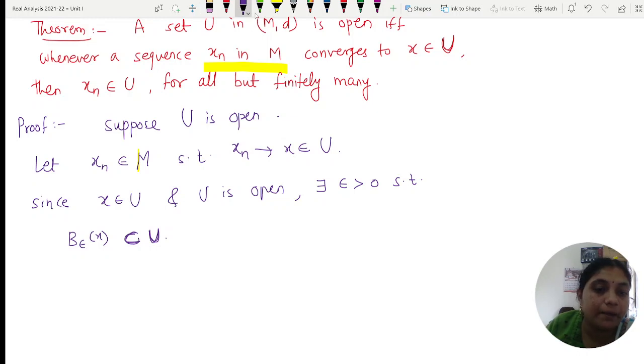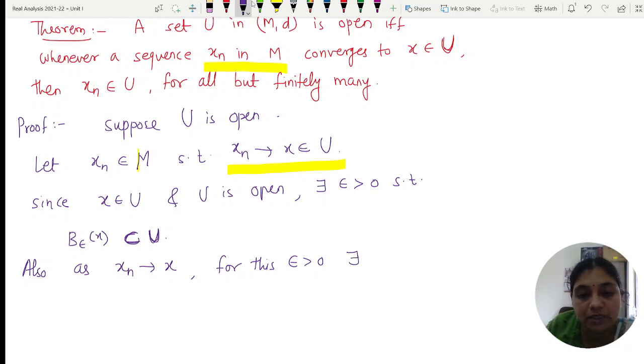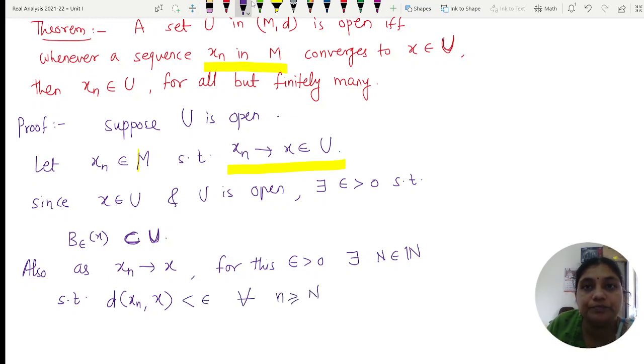Also, as xn converges to x, for this epsilon greater than 0, by definition of convergence there exists a natural number N such that, not modulus, since now it is a general metric space, the distance d(xn, x) is less than epsilon for all n greater than or equal to N. So what does this imply?